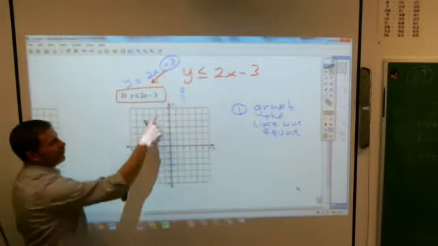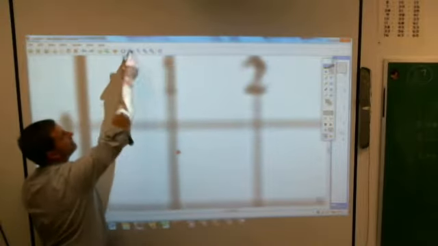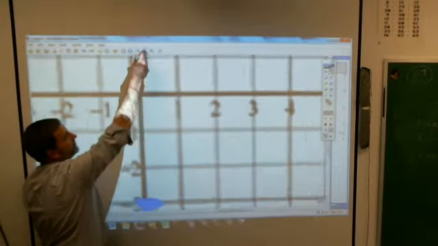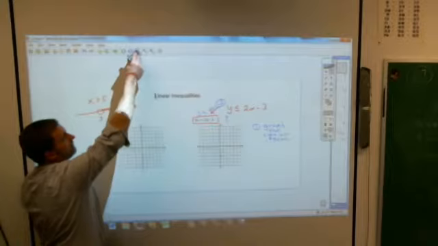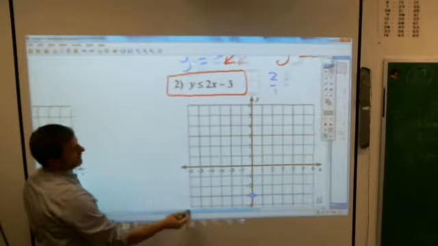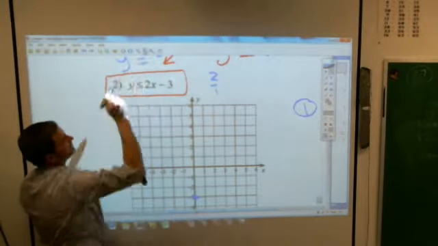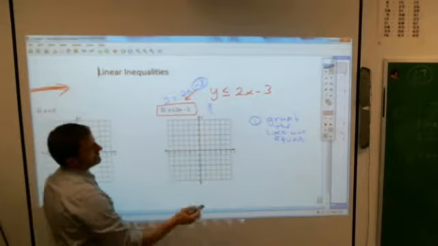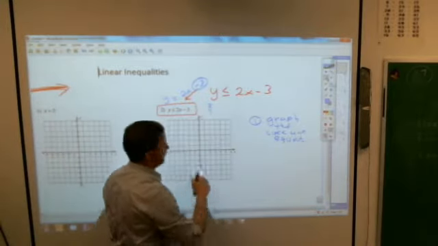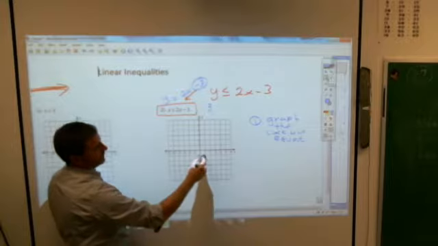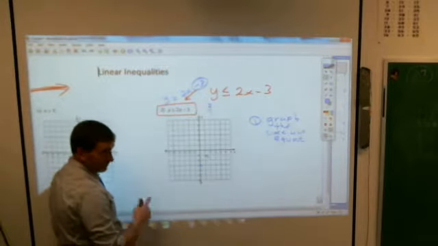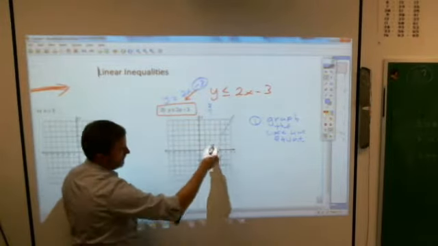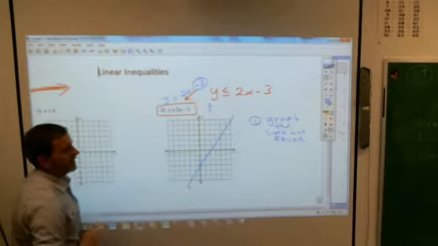It's positive slope. Anyways, so remember it was up 2 over 1. So here's my line. This, ladies and gentlemen, is my line.